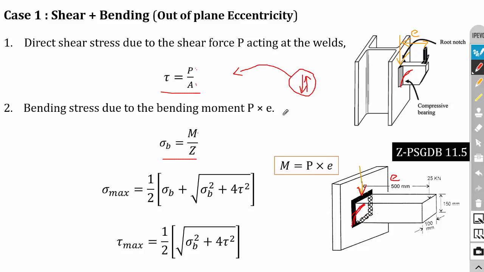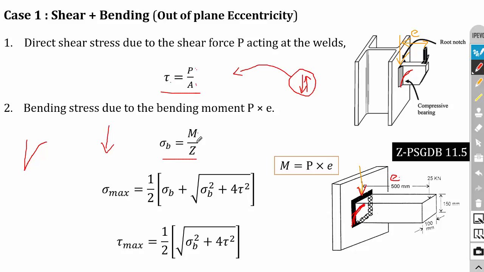In the case of secondary stress, the eccentricity should be considered, and this eccentricity will produce bending, that is, it will try to bend the weld like this. The loading is here and the welding is here, so it will try to bend the weld, and that is why bending stress is produced.